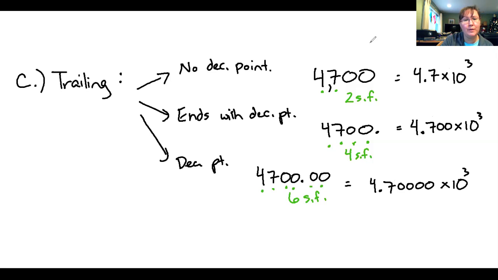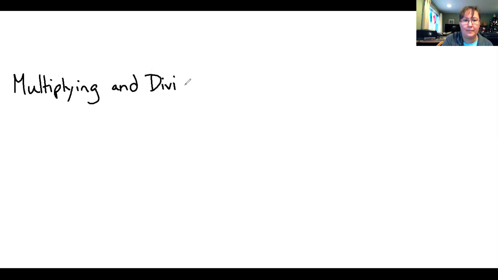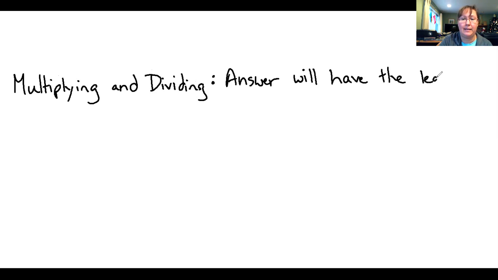All right, now let's use these significant figures. First of all, let's figure out what they would be for multiplying and dividing. For multiplying and dividing, our answer will have the least number, not hashtag, of significant figures.